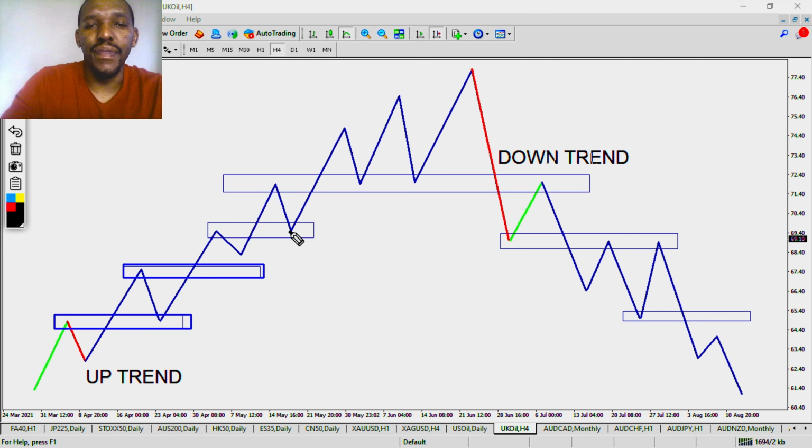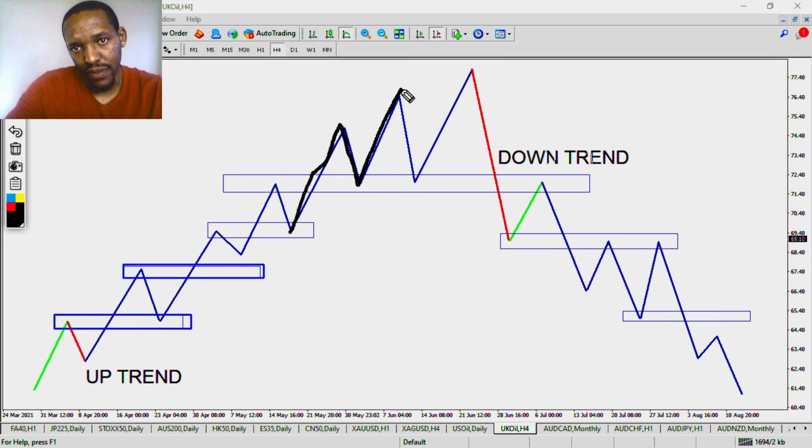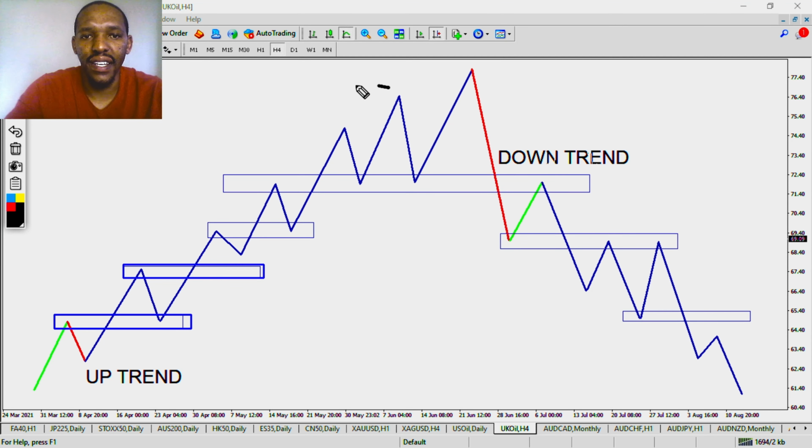Well, basically in a deep pullback, guys, what we have is an impulse, pullback, impulse, and a pullback. So right here at this area, you can even call it both, because we have an impulse that pulled back to this area here, which means this by itself is a medium pullback.